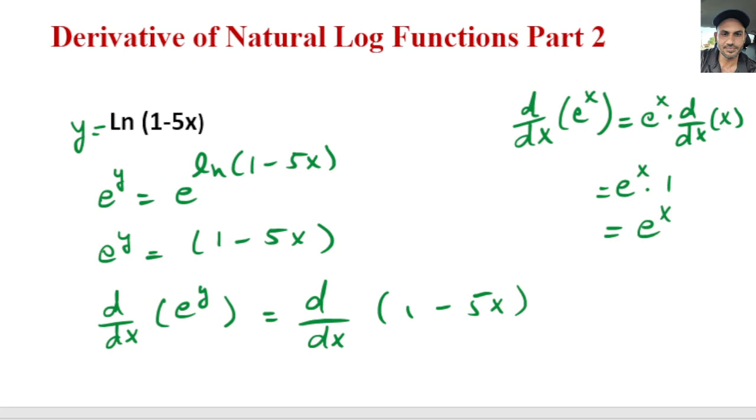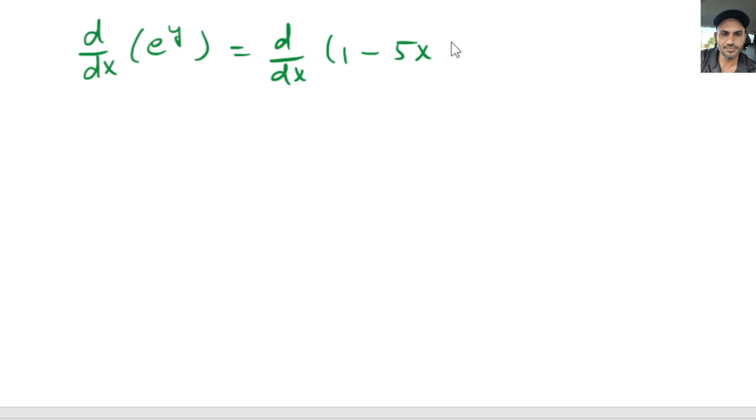Now we have d over dx of e to the y equals d over dx of 1 minus 5x.